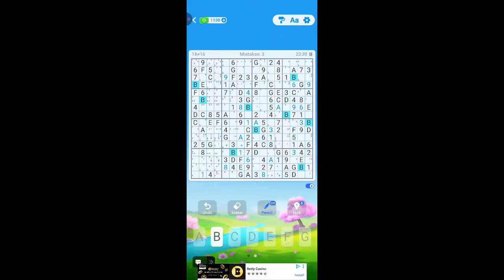Nice. Weird. Also very slightly disturbing. Also, we have to put it on the side, so this is the only block that can have it on the side. And then that forces the other B to be in this block.